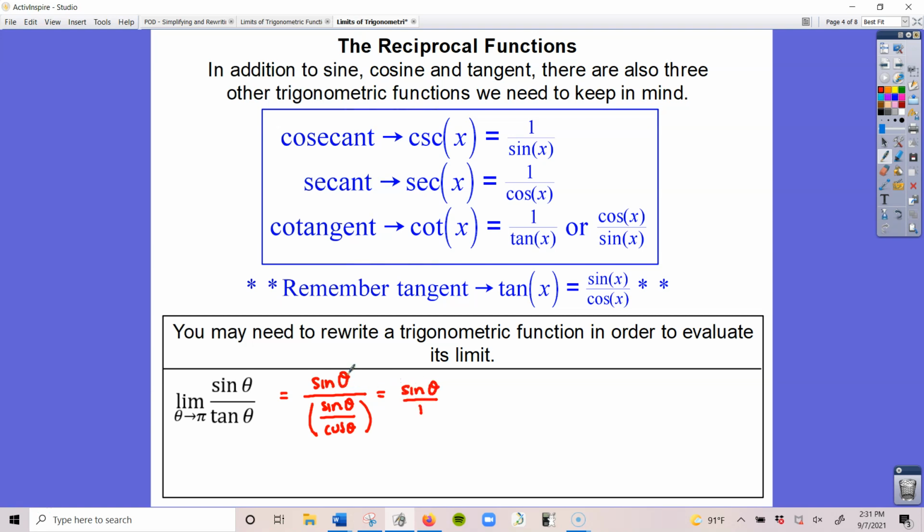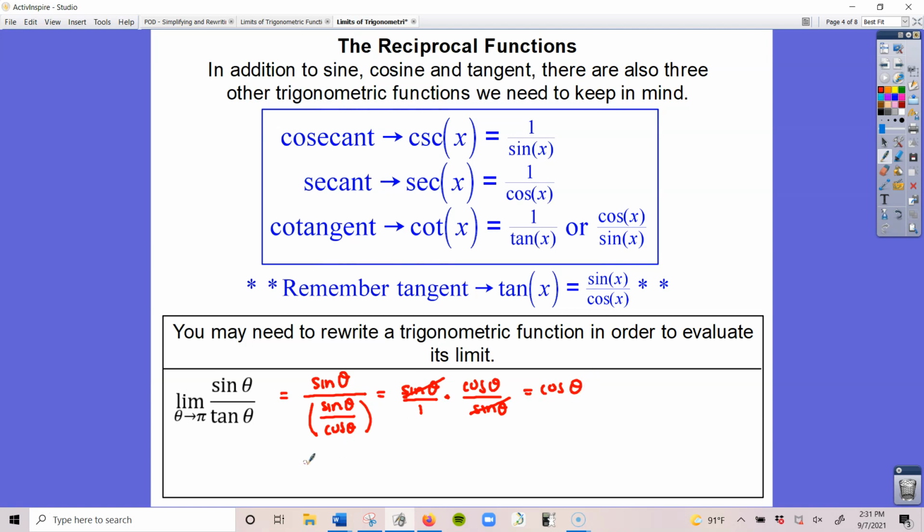And remember, when you're dividing fractions, you're multiplying by the reciprocal, or change to multiplication, and then flip. See, now here we notice the sine will end up canceling. And I'm left with cosine theta over 1, which is just cosine theta.